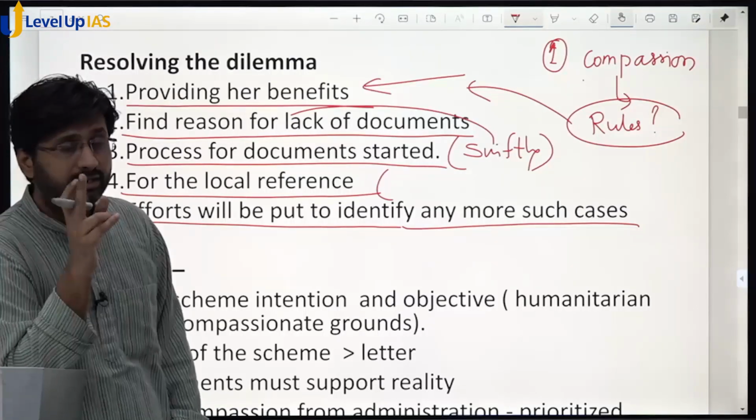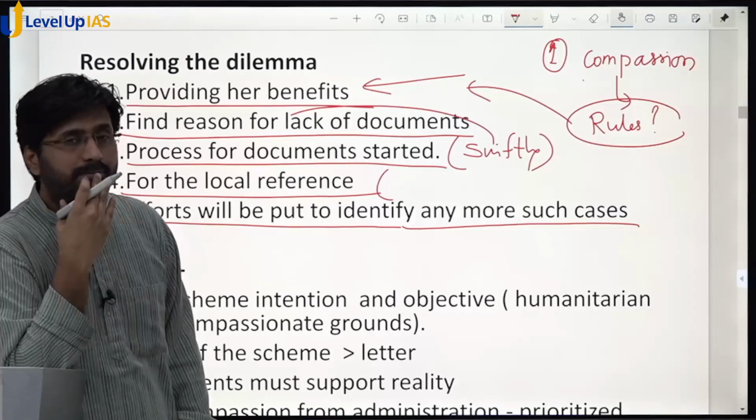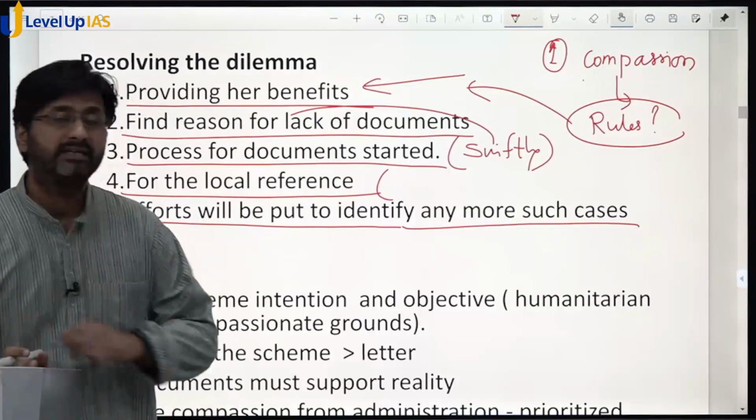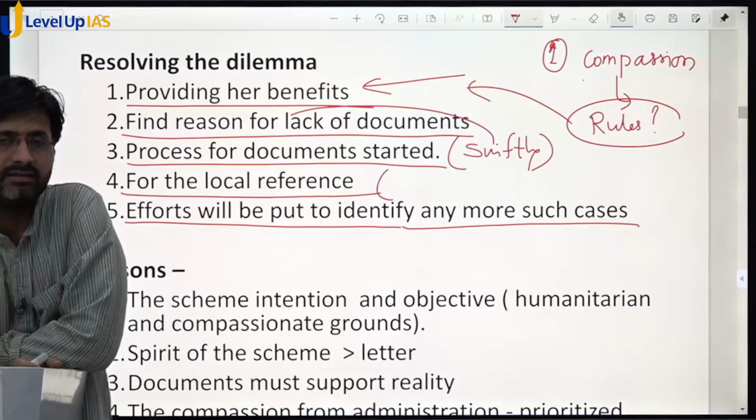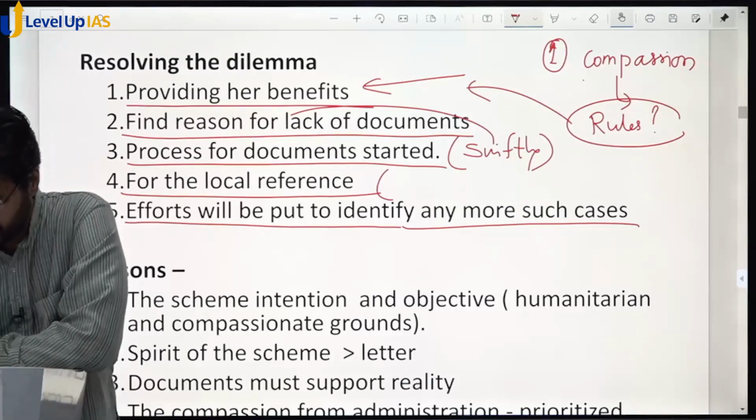Now, one more thing is very important that you should also mention, and it shows you are ready to explain. That is called probity.